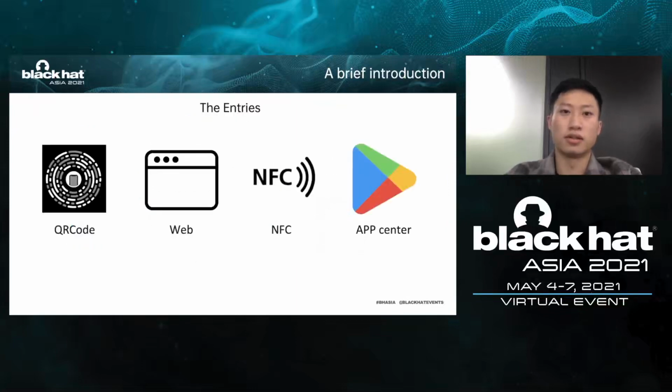On this slide, you can see there are many entries which are easy to discover, like QR code, web, NFC, App Center, but also other entries like message.